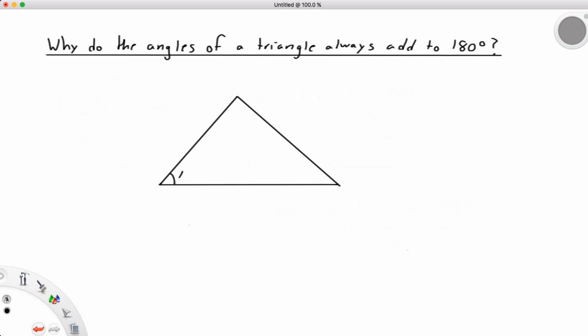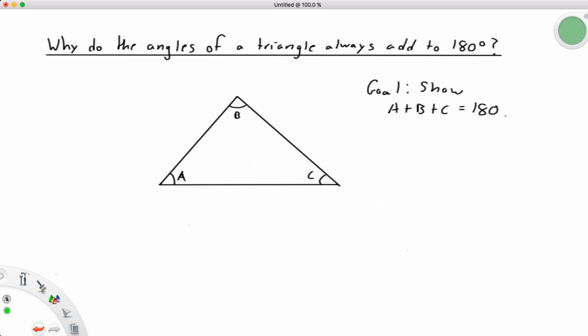Maybe we'll label this one A, this one B, and this one C. And our goal ultimately is to answer the question why A plus B plus C is equal to 180. So our goal here is to show that A plus B plus C adds up to 180.